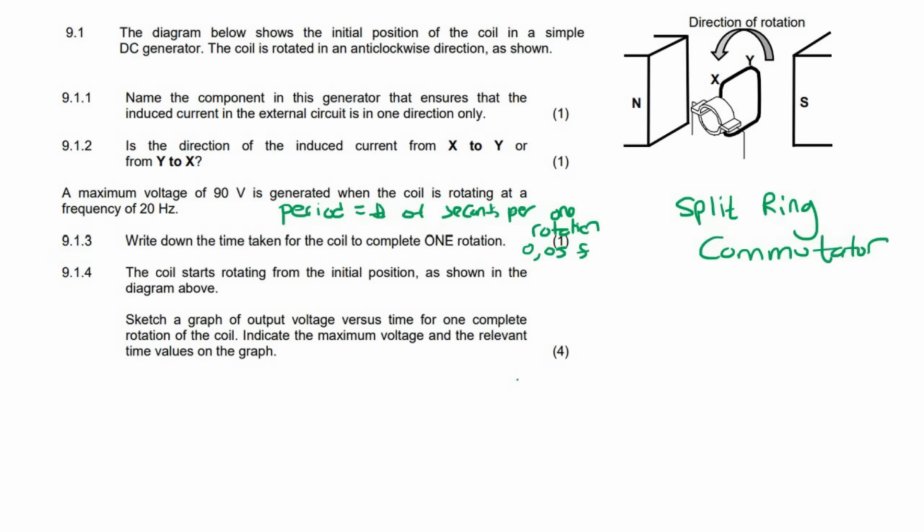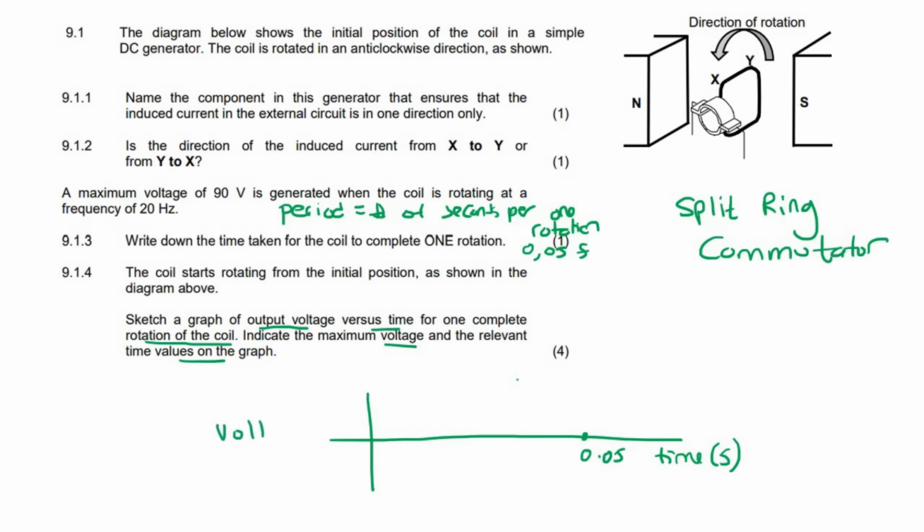Now, sketch a graph of output voltage versus time for one rotation. Indicate the maximum voltage and the time value. So we know that one rotation is going to be after 0.05 seconds. But let's just put here time measured in seconds and then voltage measured in volts.